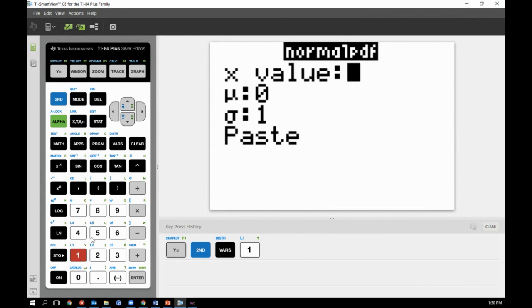If it gives you the wizard, we're still going to enter those 3 numbers. We're just going to put them where it asks for it. So the X value, well, we want to use X. And how do you get X? It's right next to the alpha button.